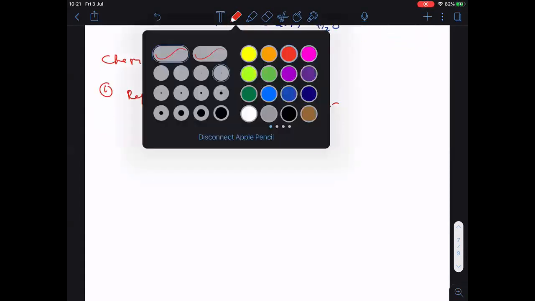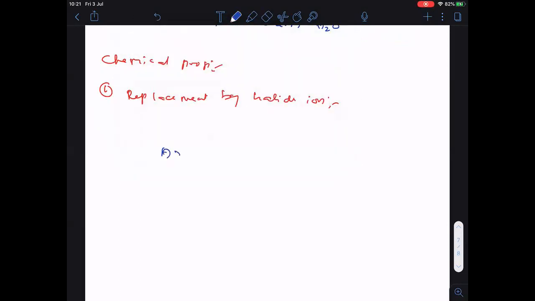Okay. Now here see clearly: ArN2+ Cl−, benzene diazonium chloride. What is Ar? Aromatic ring.